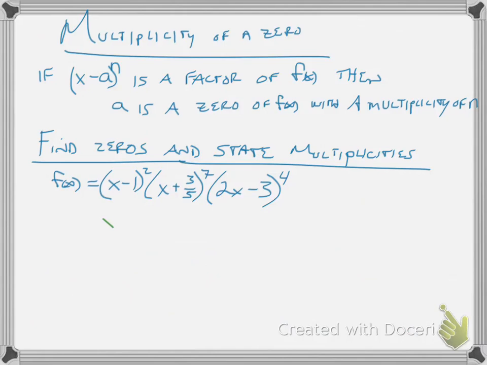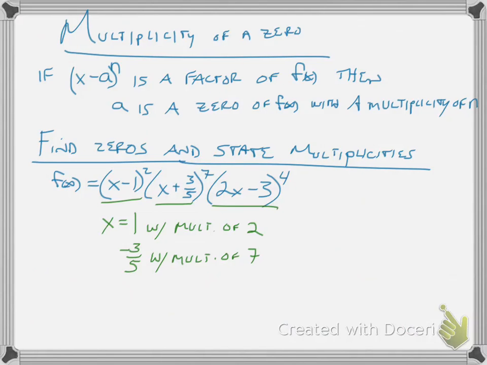And what I'm going to do is I have x is going to equal 1. That comes from this one, but that's going to be with a multiplicity of 2. I'm also going to have negative 3 over 5 as a 0, and that's with a multiplicity of 7.